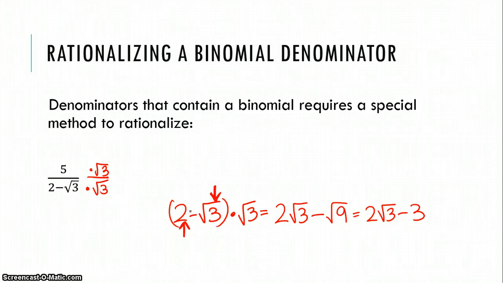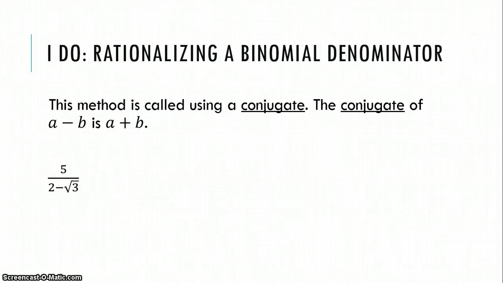So the kind of radical we need to multiply by is called a conjugate. So the conjugate of a binomial, and so you'll see this written, the conjugate of a minus b is a plus b. It's also the opposite. For a plus b, the conjugate is a minus b. So it's kind of like this pairing.